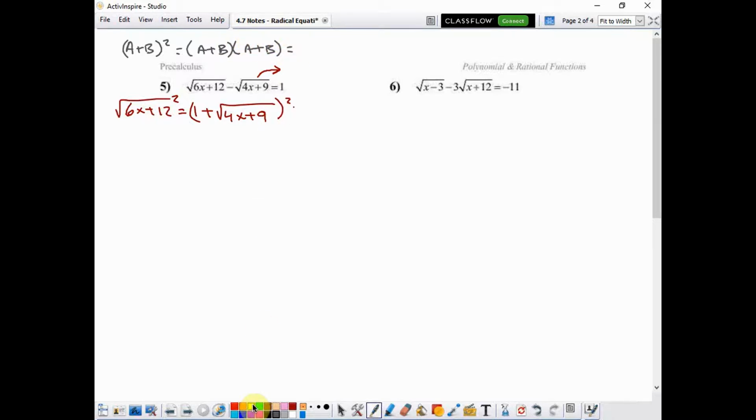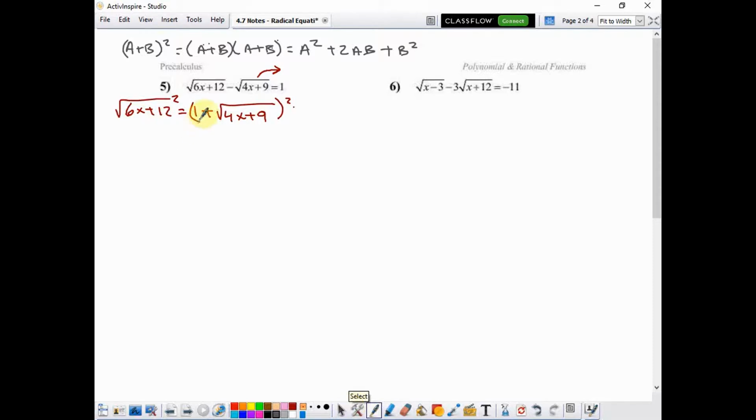Every time you do that, you're going to get the first term times itself, first term squared, then AB and AB, so 2 times AB, which means just double the product of the two terms. And then you're going to get the last term times itself, b squared.